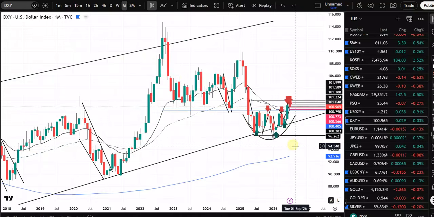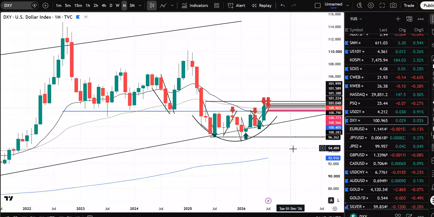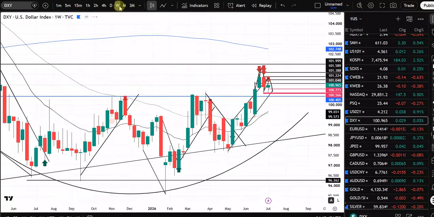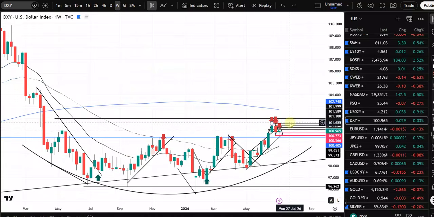But just from looking at those different countries there, it's hard to see. They look like they're going to go up, which implies this goes down. And obviously if this does occur, then it'll put a rocket under gold and silver prices.